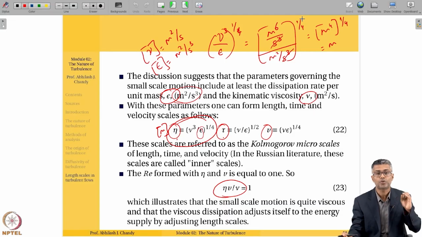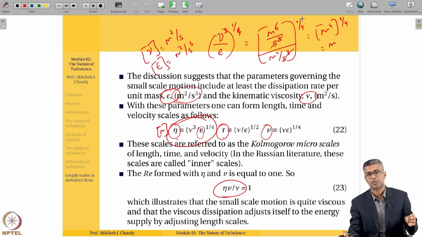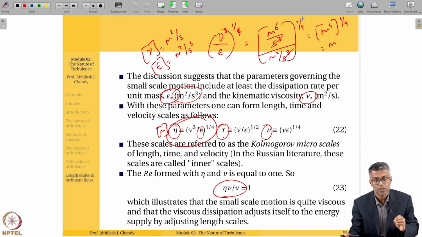So just two quantities: dissipation rate epsilon and the kinematic viscosity nu. It was this basis that Kolmogorov used in order to derive his scales, which he called the inner scales.